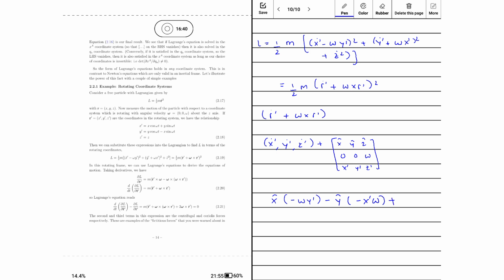So if I just rewrite it, it becomes minus omega y dash, and this one becomes y dash plus x hat w and z dash.